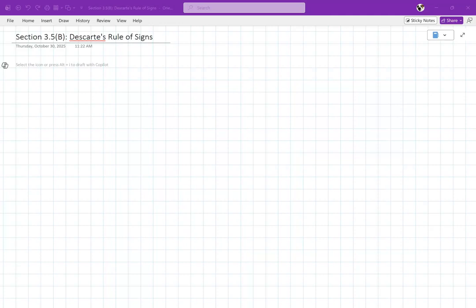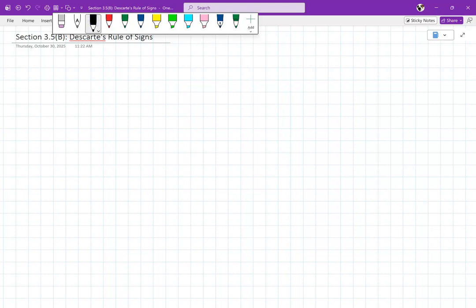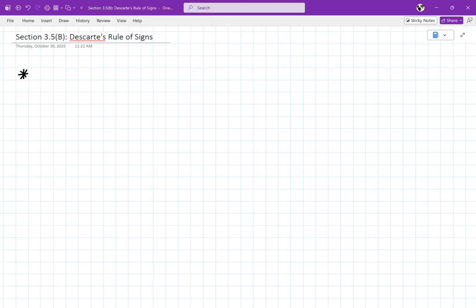There's a general way to write it out, but I'm going to give you a more condensed form. So here's the more condensed form of the rule of signs, because it is pretty wordy. Maybe after I write this out, I'll read the actual one to you so you can see what I'm talking about. But the rule of signs basically says this.